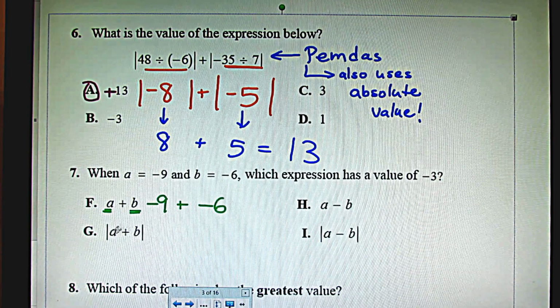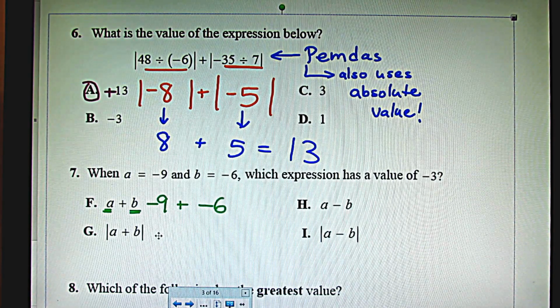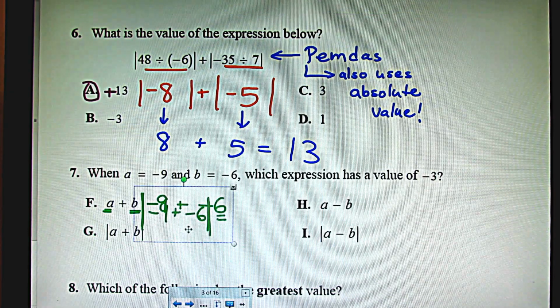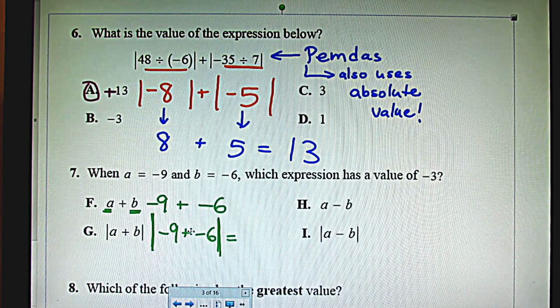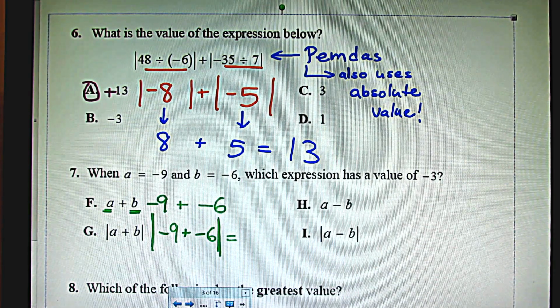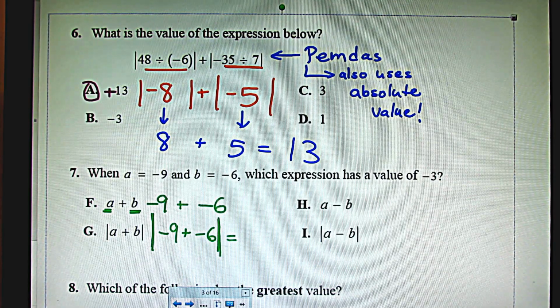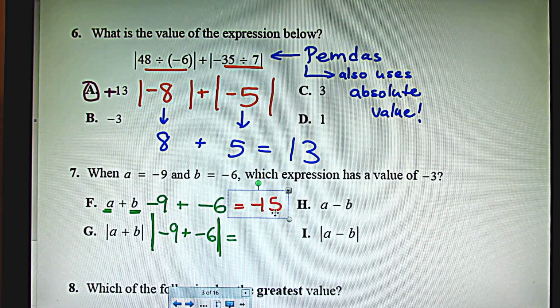Funny enough, the second choice is very similar to this one, except it's the absolute value of the answer. So I could just write the absolute value of negative 9 plus negative 6. Same thing. Negative 9 plus negative 6 in your calculator should get you negative 15.